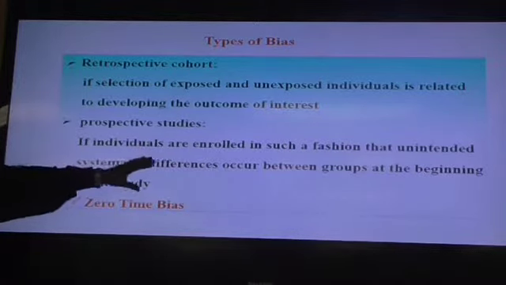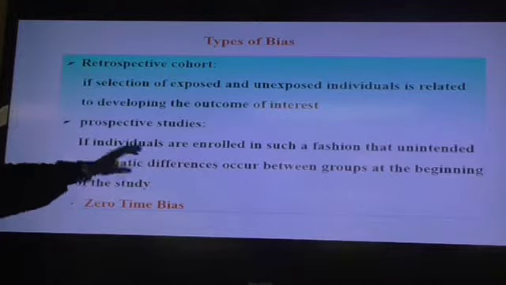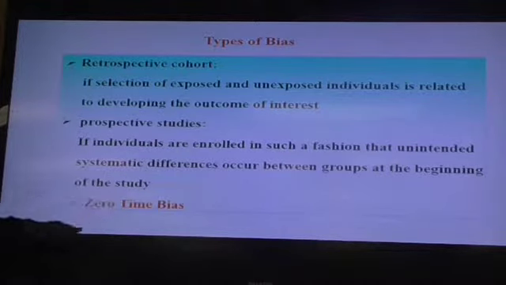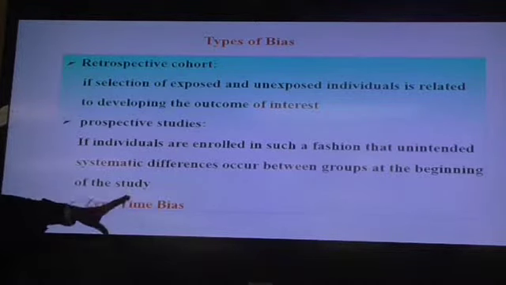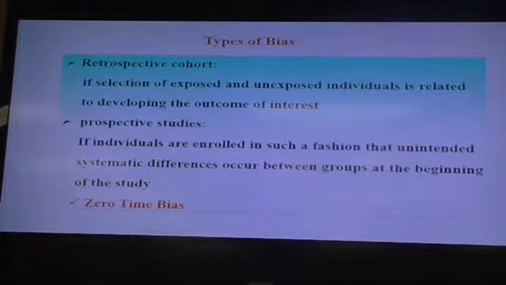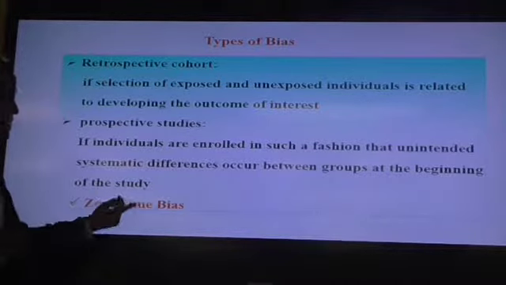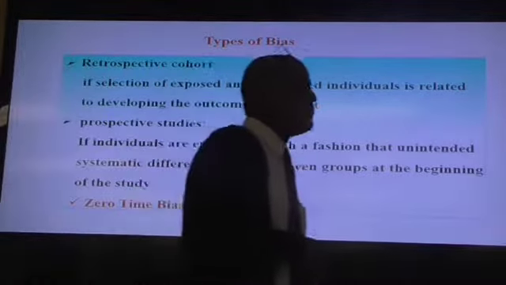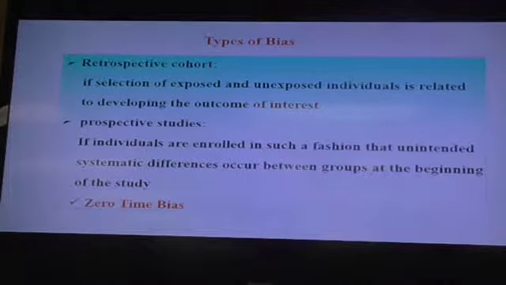If they already have systematic difference at the beginning of the study, then you commit what we call zero-time bias. So in order to avoid this, we have to randomize our population. Otherwise, the population that you select as treatment or control group were already different, something that you cannot clearly see. So that's what we call a zero-time bias.